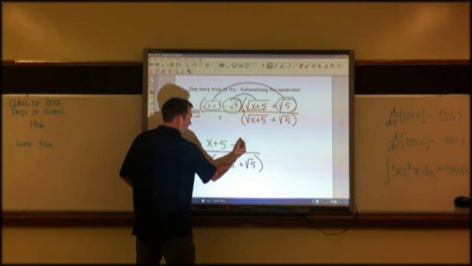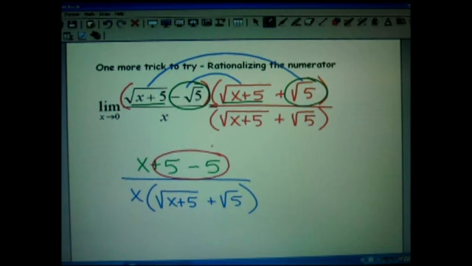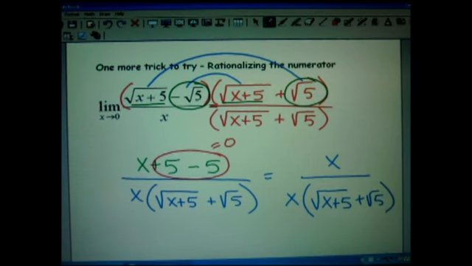Since 5 minus 5 is just 0, I can rewrite this as just an x on top over x times radical x plus 5 plus radical 5. And now these x's will cancel out.